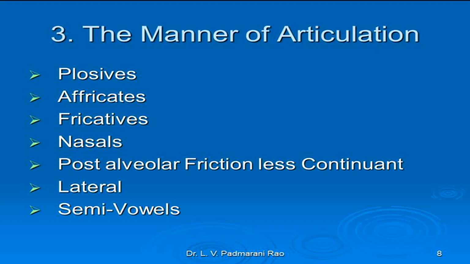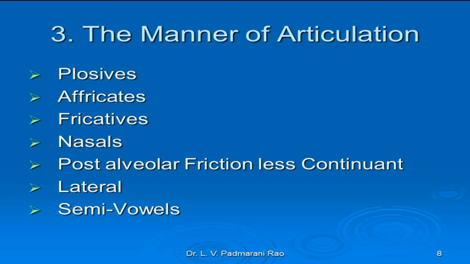The next is affricates. The active articulator makes a contact with the passive articulator to form a complete closure. The soft palate is raised to block the nasal passage of air. As a result of it, the air pressure is built up behind the closure. The closure is then slowly removed to release the air gradually. It's not a sudden release as you could find in plosives, but it is a slow release.